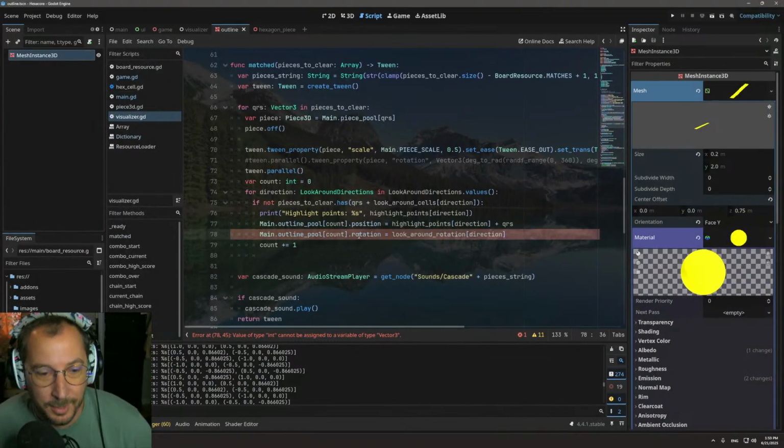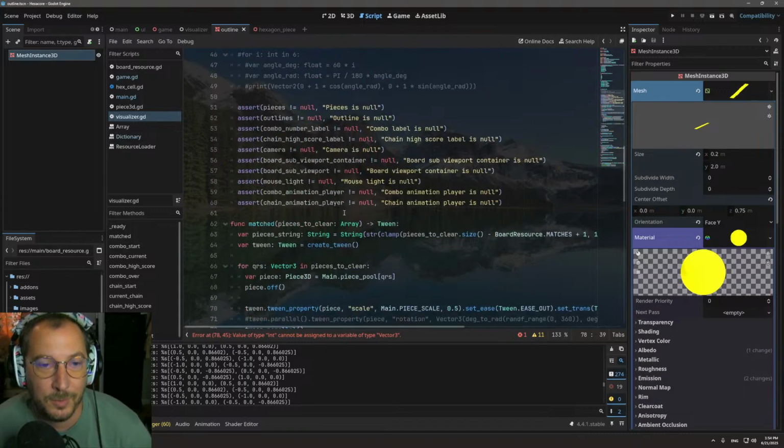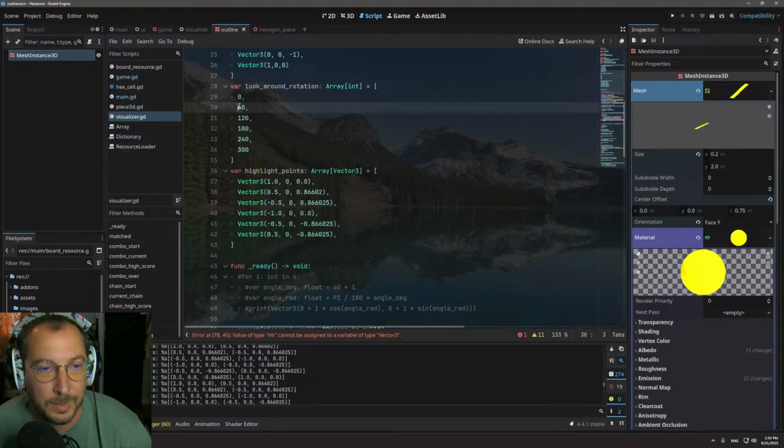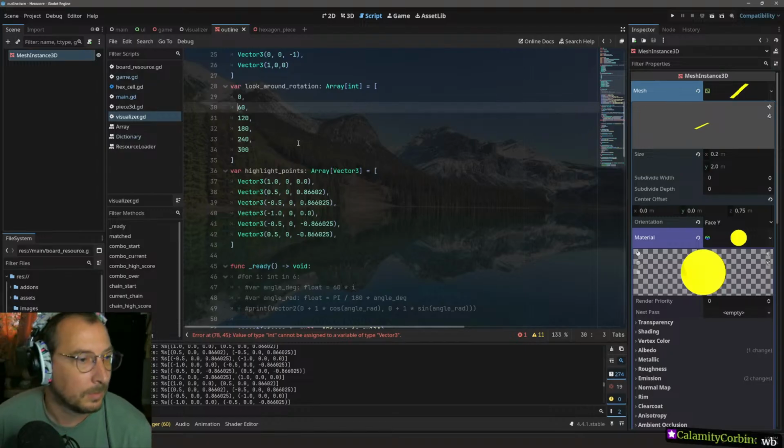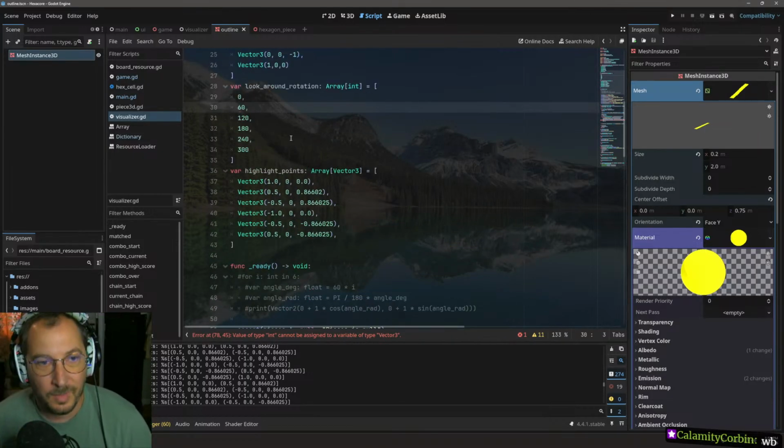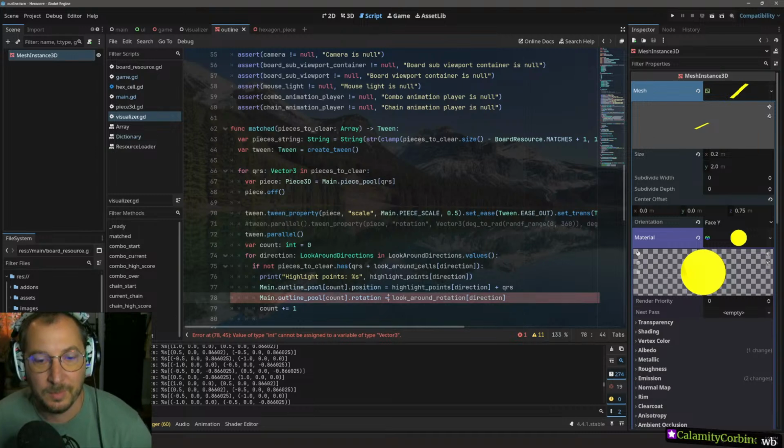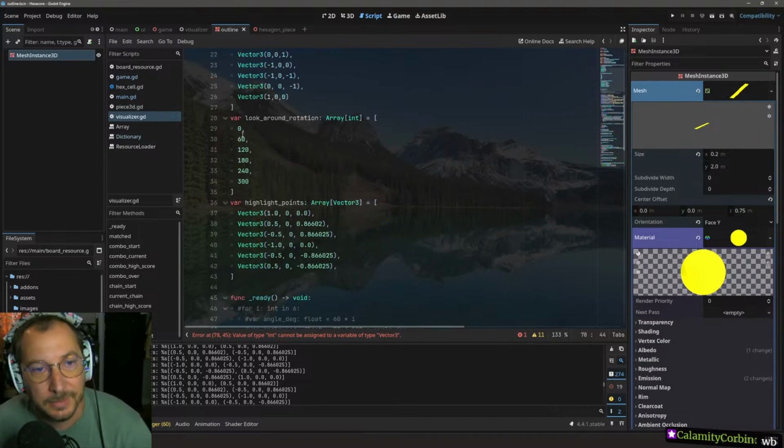So, rotation. It's a vector 3. We're going with straight up degree to rad. So this is the one thing we're doing with math right now that, again, we can bake.